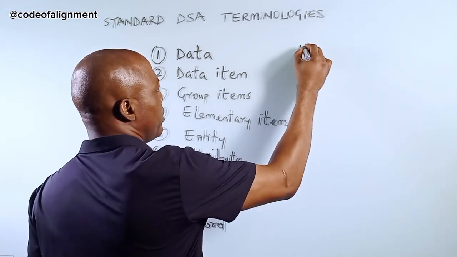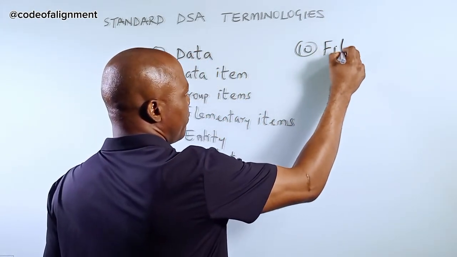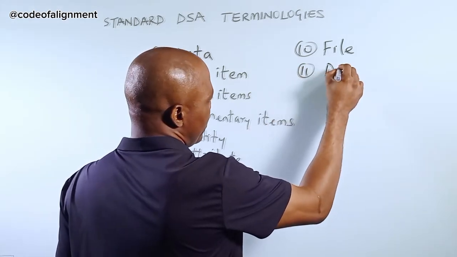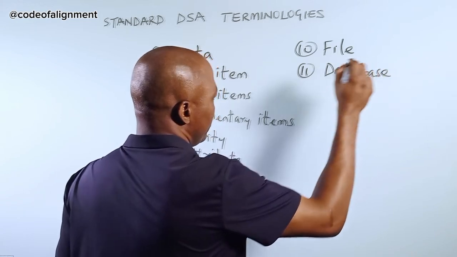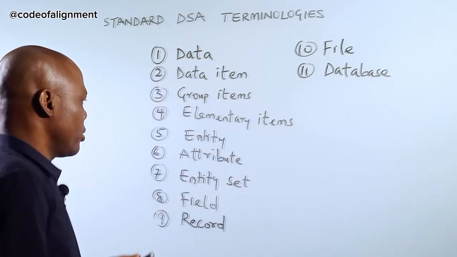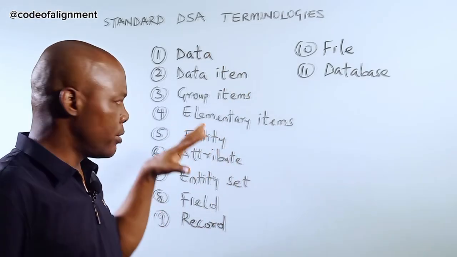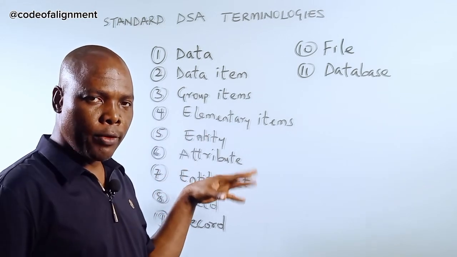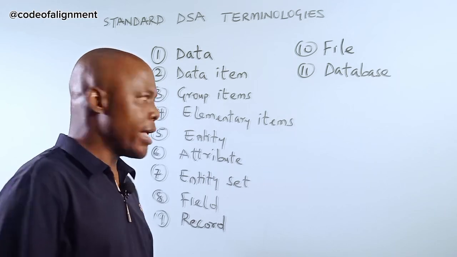Then we will look at file. Then 11, probably we'll just define database. So these are the terminologies we are going to be using. In this class, I'm just going to run through them for you to understand what they represent, so that when we are using them, it will be clear to you.